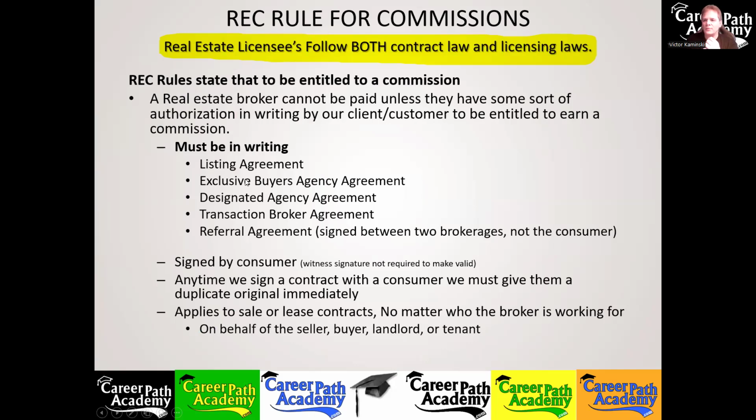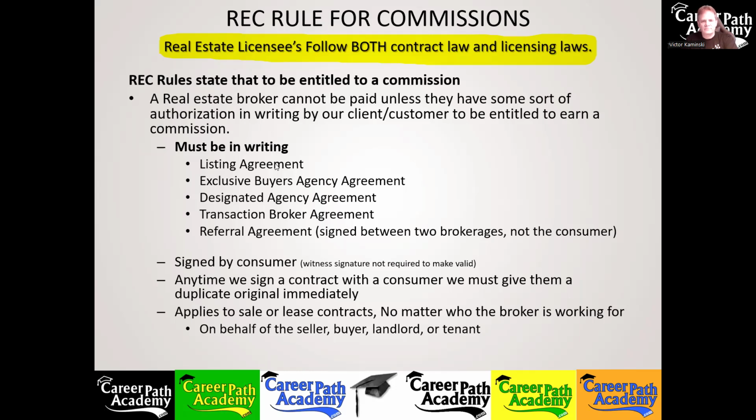We do that either in listing agreements, exclusive buyer agency agreements, designated agency agreements, transaction broker agreements, or referral agreements, or the commission's usually stated now in what we call a BSA, the brokerage service agreements.